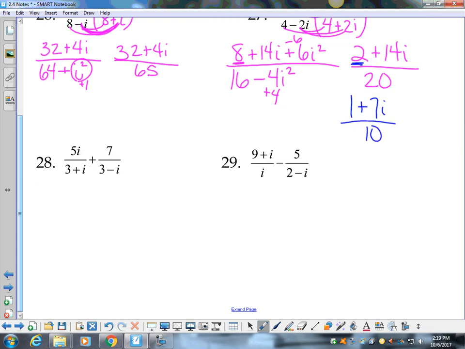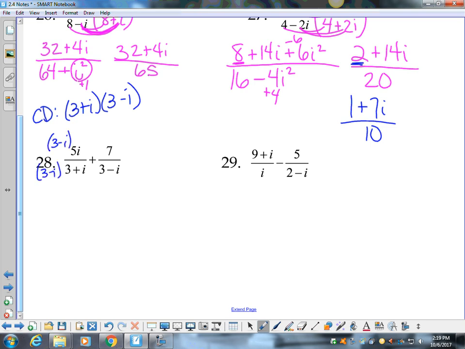28 and 29, it's a plus sign. Well, I can't add fractions unless I have a common denominator. So if I'm looking at these, I need a common denominator. My common denominator is going to be 3 plus i, 3 minus i. Well, the first guy has the 3 plus i, so he needs a 3 minus i, top and bottom.